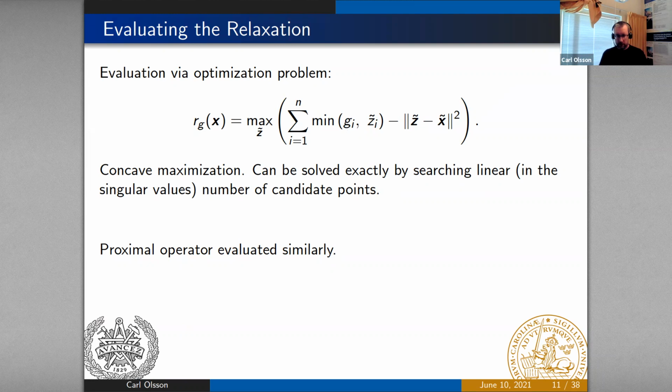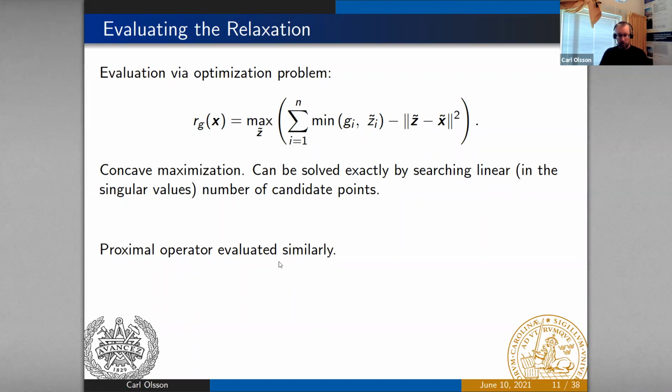It's easily solved. You can reduce it to a one-dimensional search over a concave piecewise quadratic function, basically, over certain intervals. But that's really quick, and in fact, it's much more expensive to compute singular values, which I need here. So this is not the bottleneck in any case.